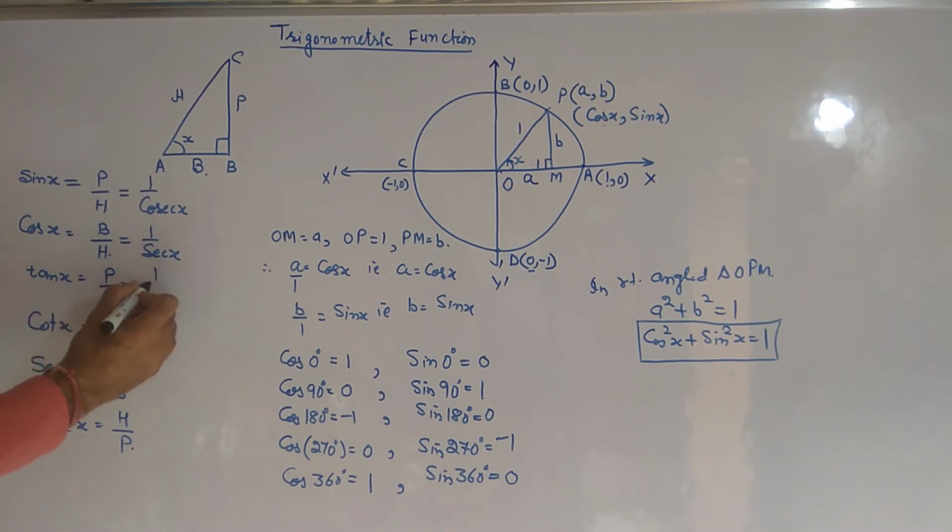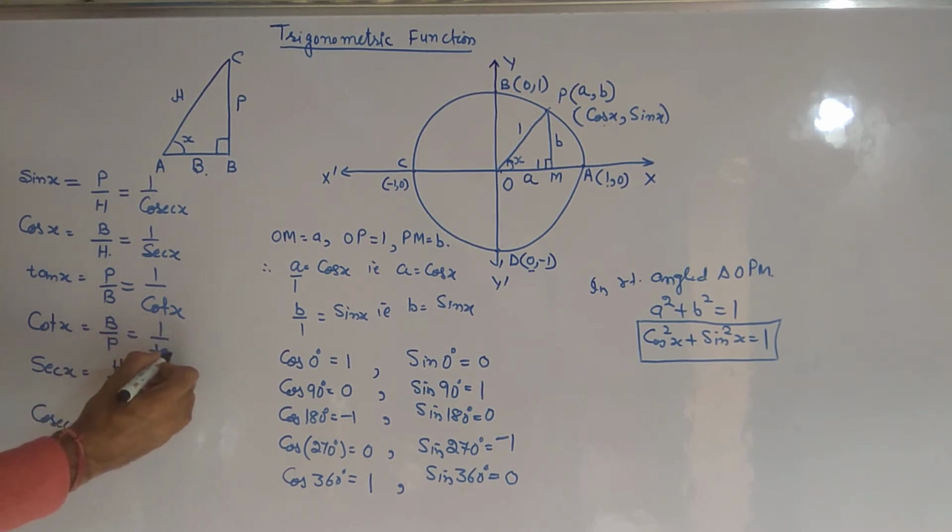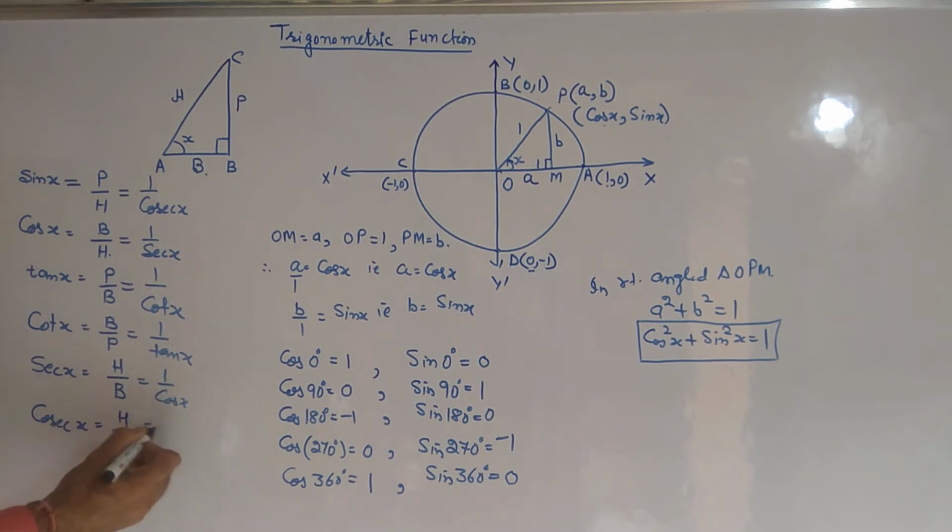Cot x is 1 upon tan x, secant x is 1 upon cos x, cosecant x is 1 upon sine x. See here, these are the functions. We can express sine x in terms of cosecant x, and cos x is equal to 1 upon secant x. So these are the basic things we must understand.